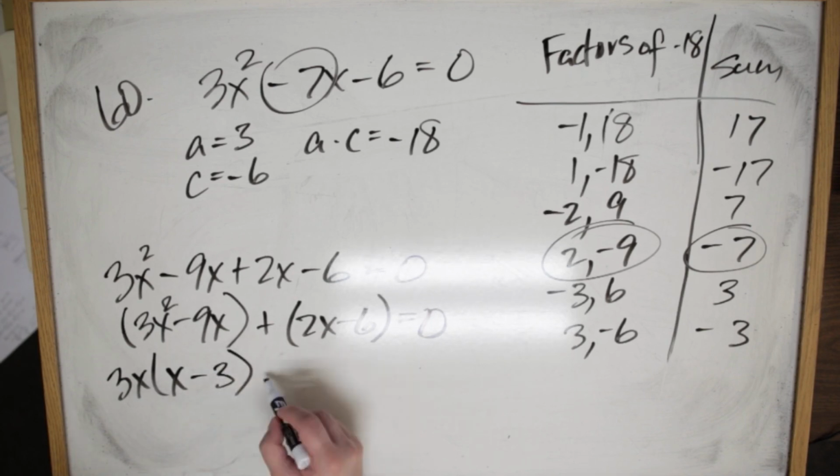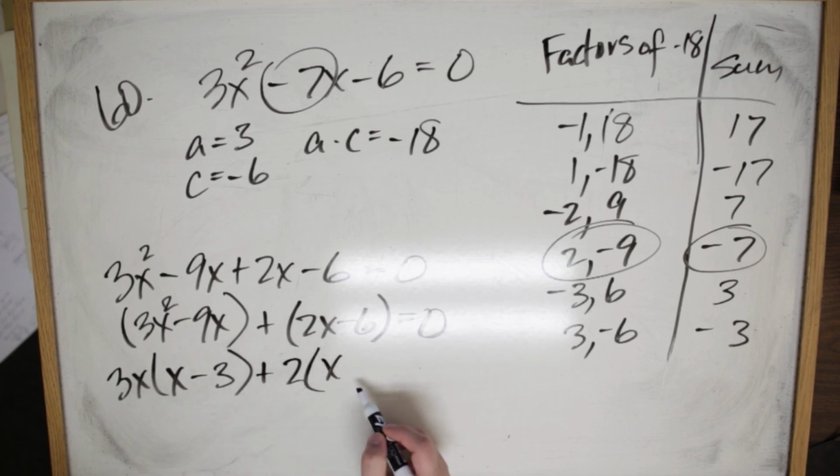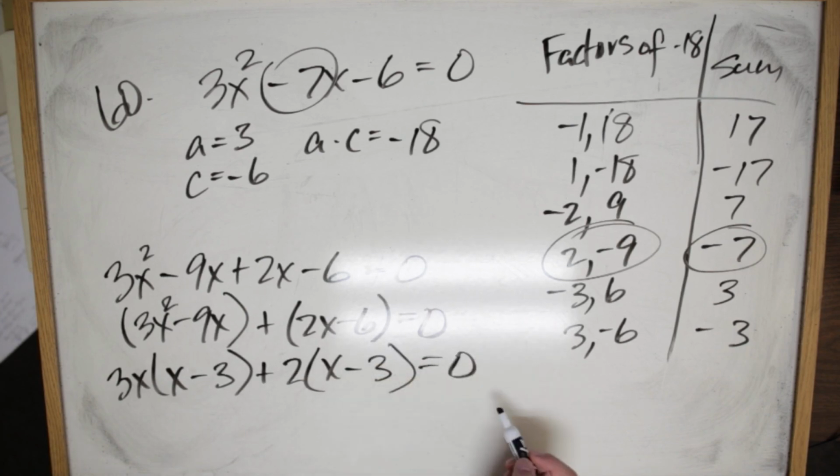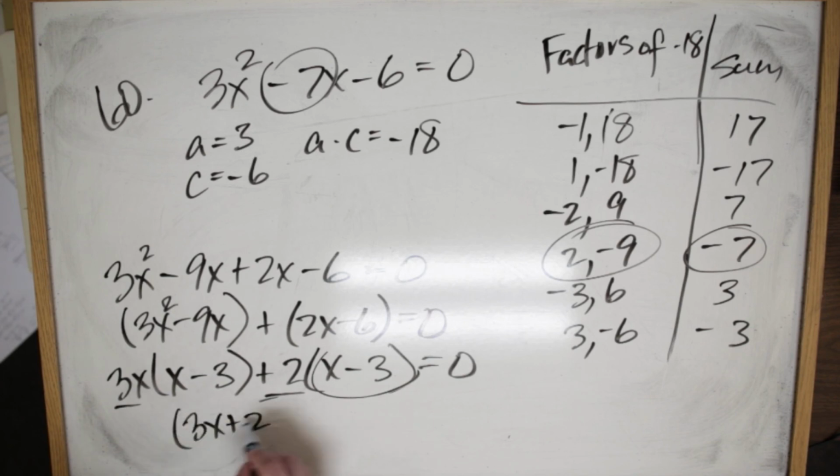And then over here, looks like it's only going to be a 2, so I think this is going to be plus 2 times x. 6 divided by 2 is going to be a 3. This is equal to 0. And now we can combine these two pieces in front because these guys are the same. So 3x plus 2 times x minus 3 is equal to 0.